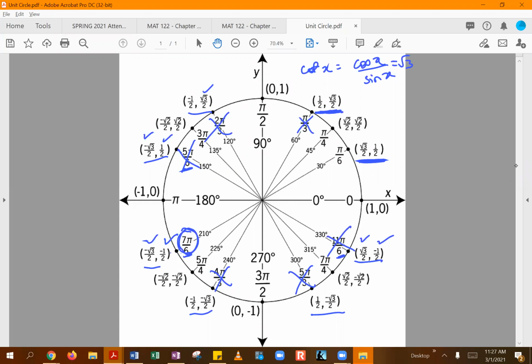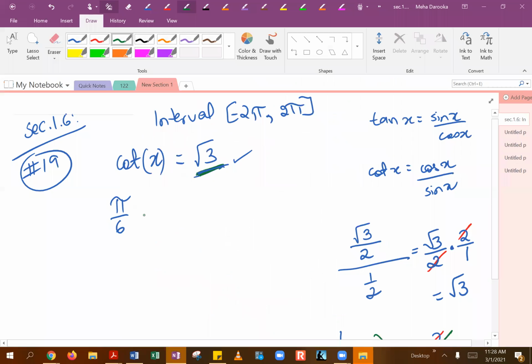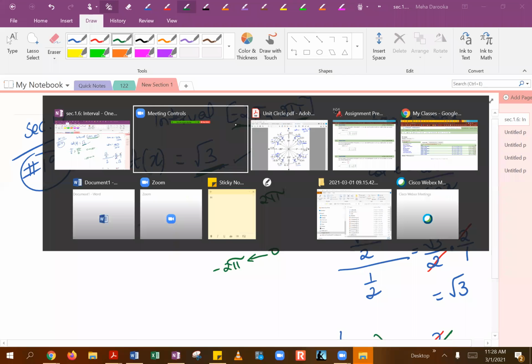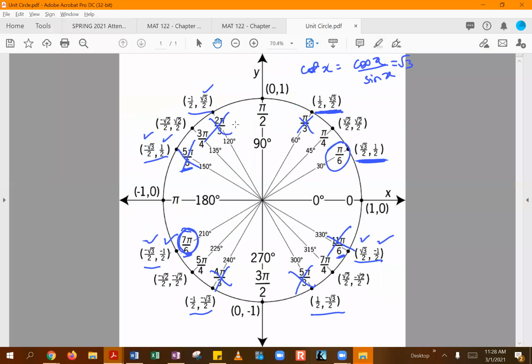So only two angles, and this is going from 0 to 2 pi. That's going to be pi over 6 and 7 pi over 6. Remember, this is going from 0 to 2 pi. Now we have to go from 0 to negative 2 pi, because our interval is from negative 2 pi to positive 2 pi.